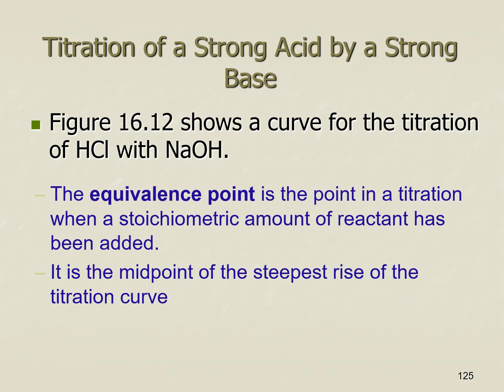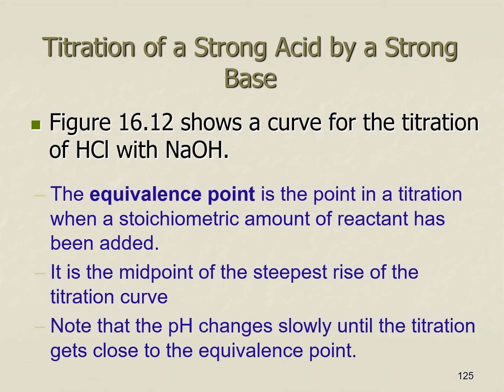So generally it's a 1-to-1 ratio, but not always. So stoichiometric, at least by a balanced chemical equation. Also notice that the end point or the equivalence point is the midpoint of the steepest rise on the titration curve. Note that the pH changes slowly until the titration gets close to the equivalence point. So we'll show you that slide in just a second.